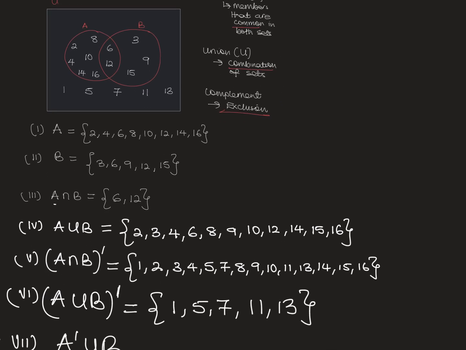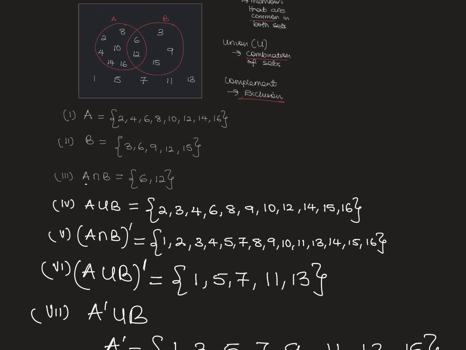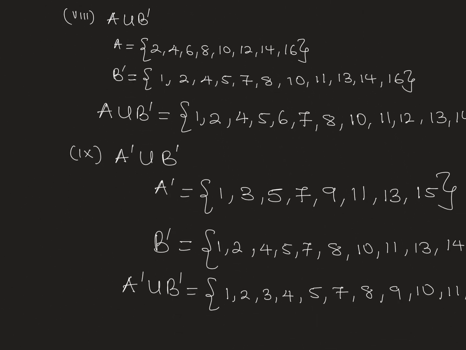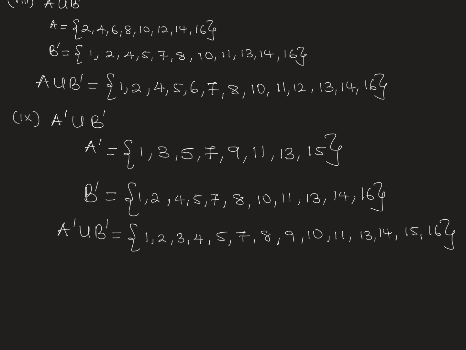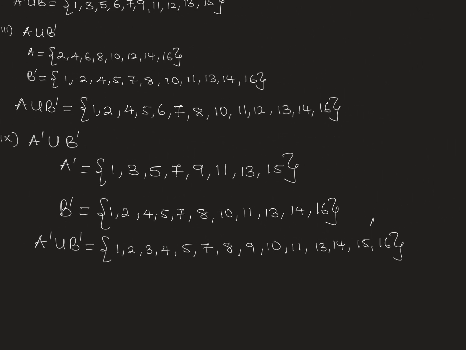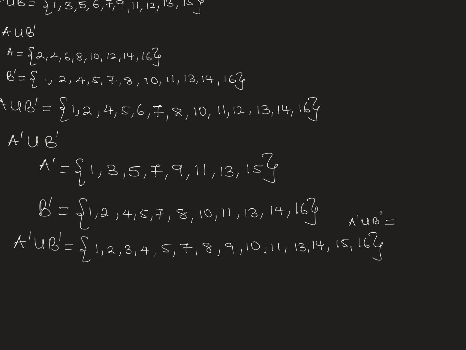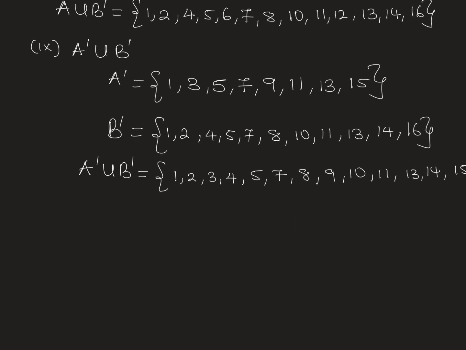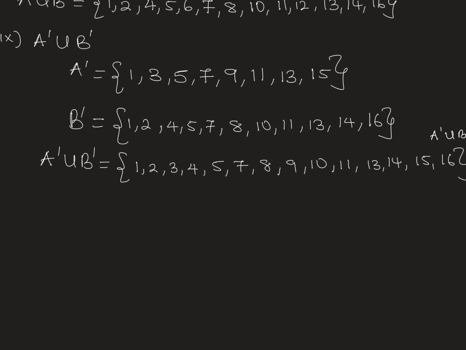It simply means that we have complemented them, right? We have excluded them. So in other words, we can say that A complement union B complement is also equal to A intersection B all complement. That is question 9. Okay.